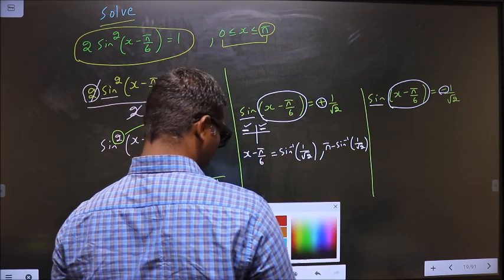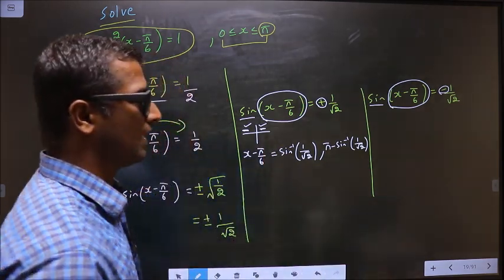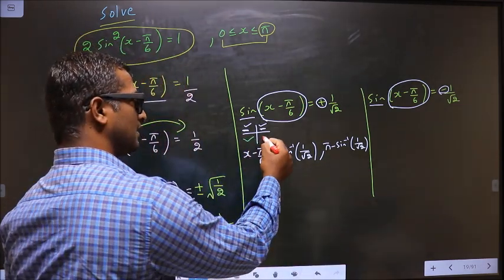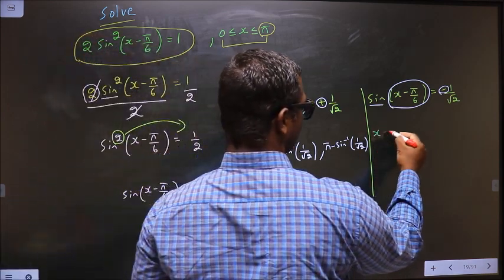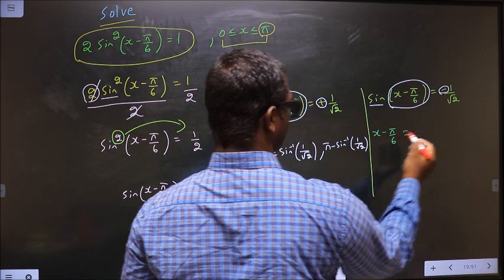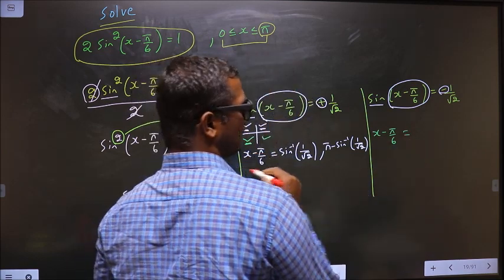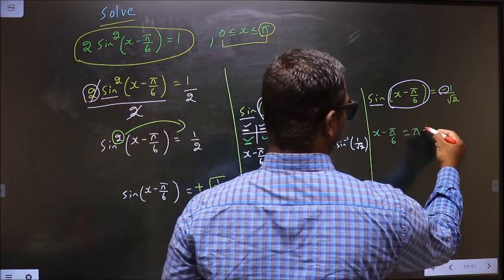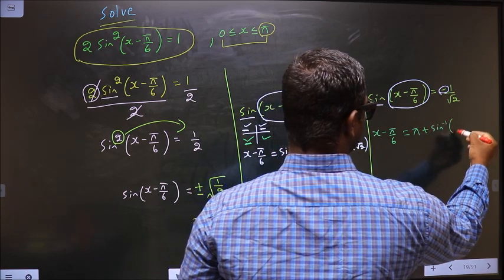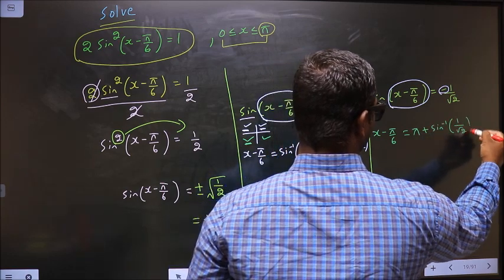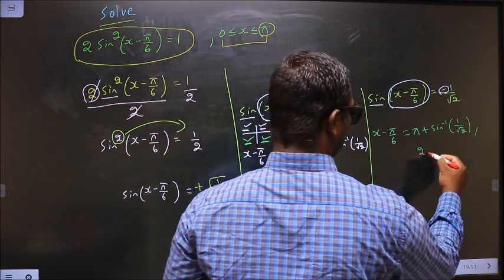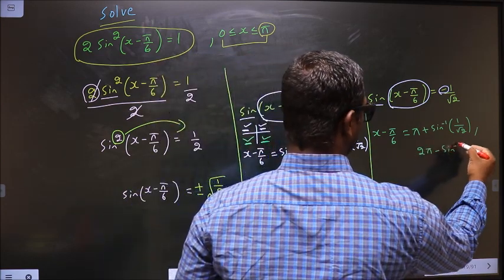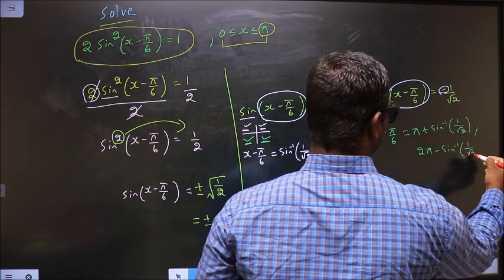Now here, it is sine and here it is negative. So in what all quadrants is sine negative? It is negative in the third and in the fourth. So x − π/6 equals, to get an angle in the third, we should do π + sin⁻¹(1/√2). To get an angle in the fourth, we should do 2π − sin⁻¹(1/√2).